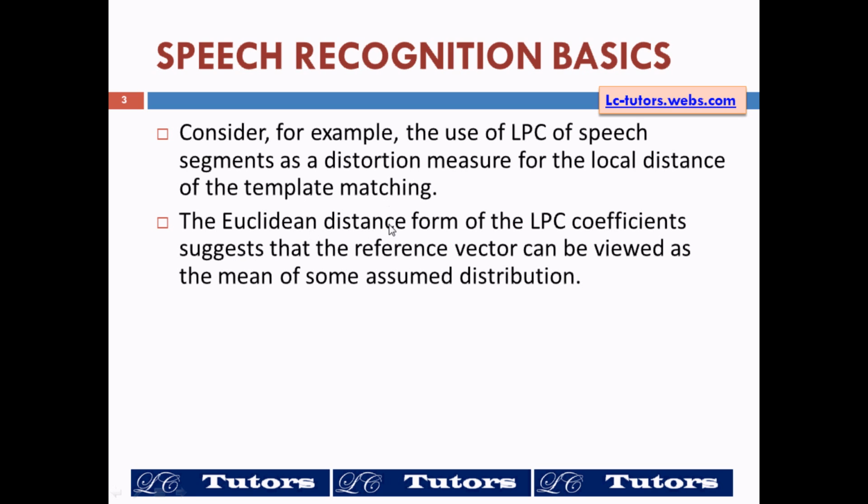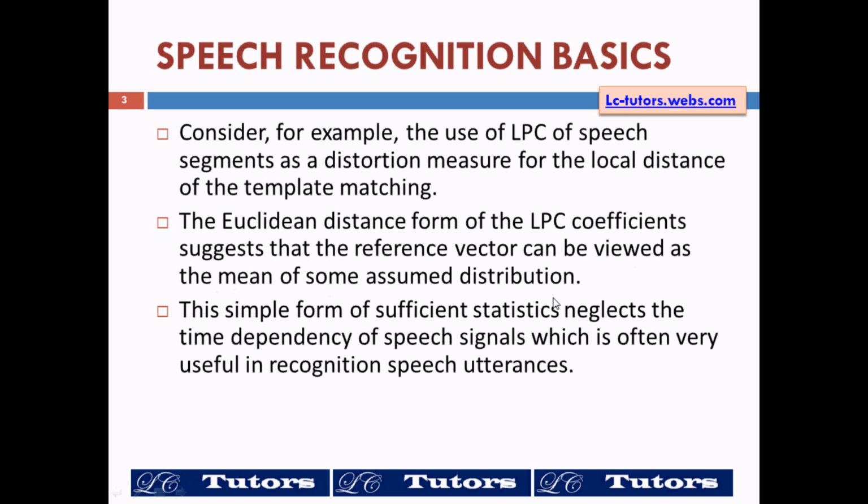The Euclidean distance form of the LPC coefficients suggests that the reference vector can be viewed as the mean of some assumed distribution. This simple form of sufficient statistics neglects the time dependency of speech signals, which is often very useful in recognizing speech utterances.